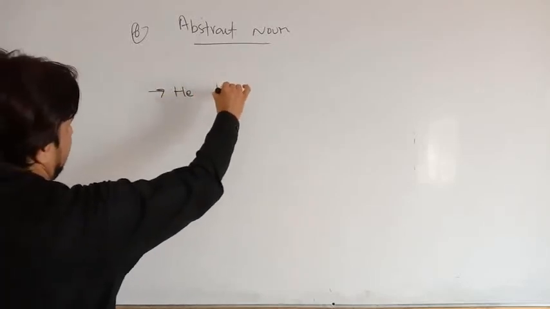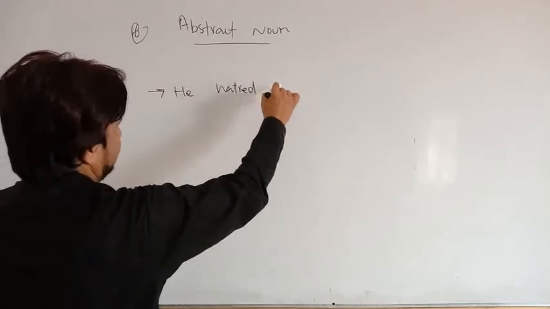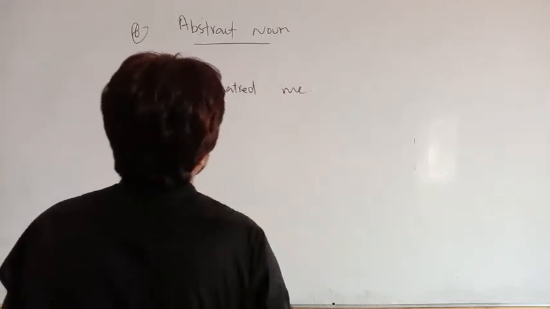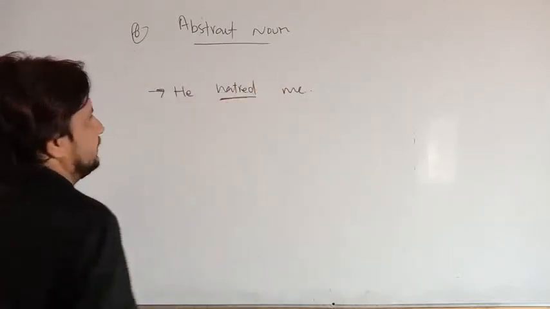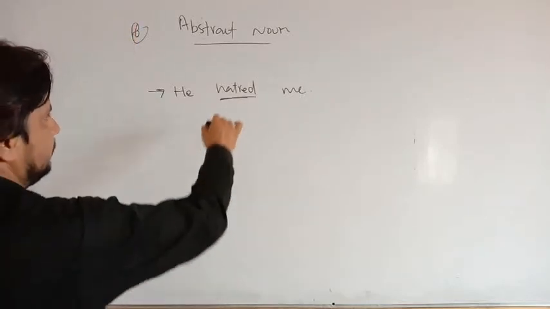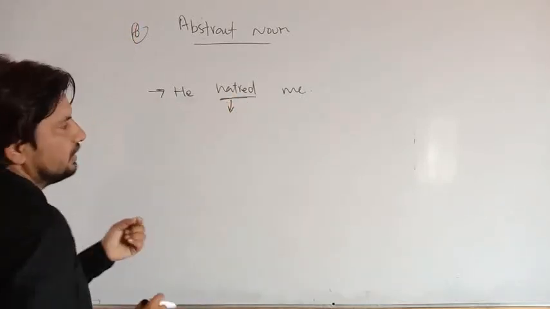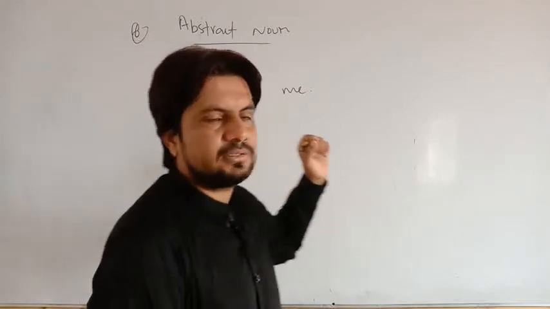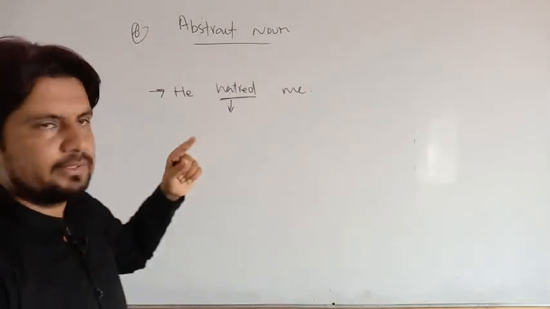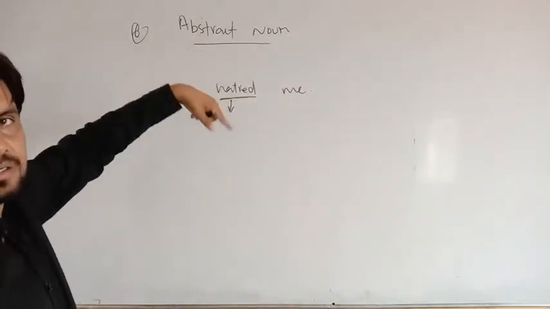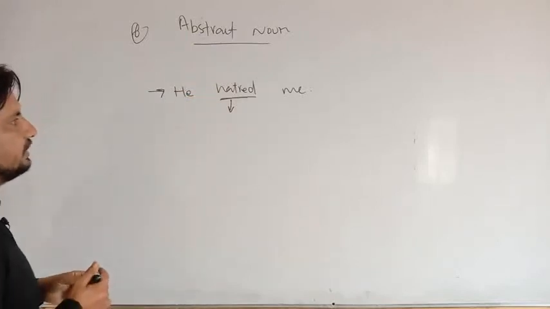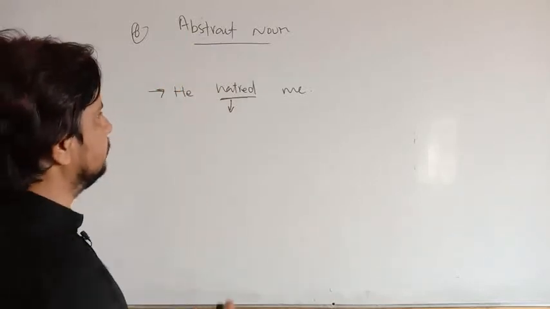He hated me. So here hatred is an action. When we are talking about noun, here I am not talking about verb. It is also a verb, but I am not talking about verb. I am going to indicate abstract noun.